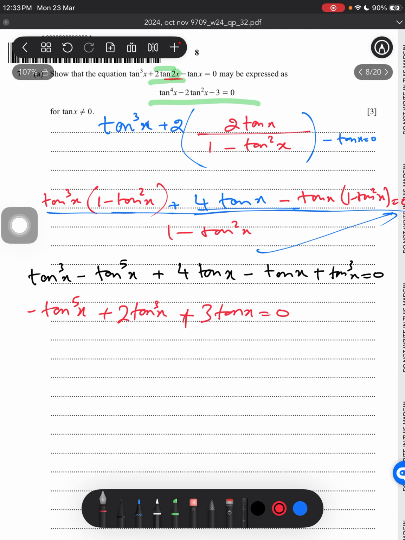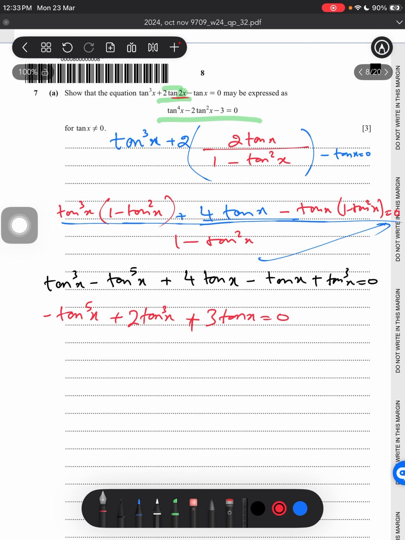Now this can be solved by taking a common factor. Let's take negative tan x as common. So you will be left with tan power 4 x minus 2 tan square of x minus 3, and this would turn out to be 0, so we'll not take that value.